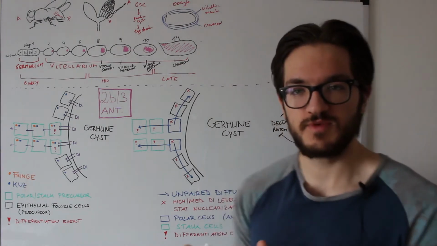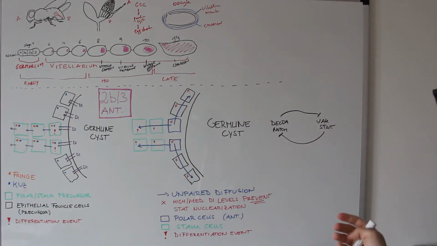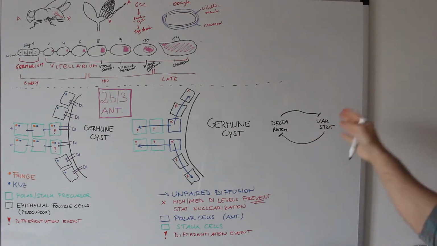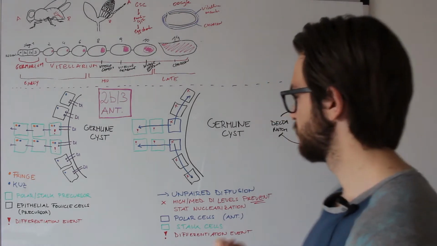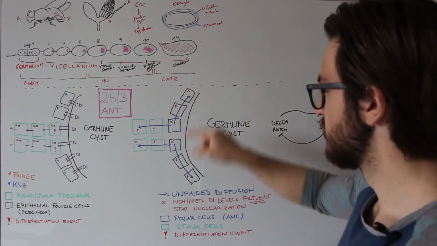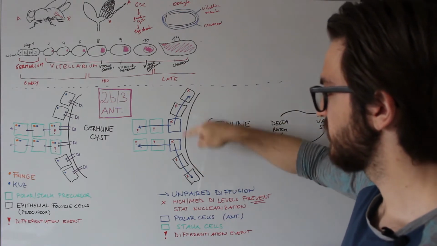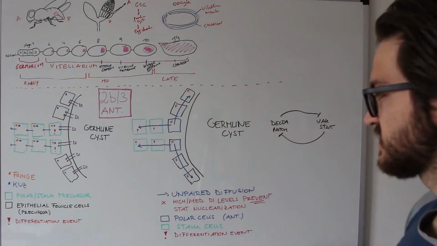So if you have cells with high delta notch signaling, JAK-STAT signaling is not possible. And vice versa, if you have high JAK-STAT signaling, delta notch signaling will be inhibited or interfered with. So because there are high levels or medium levels of delta notch in these cells connecting a germline cyst, there will not be JAK-STAT signaling.